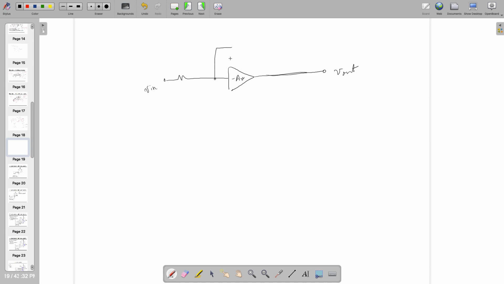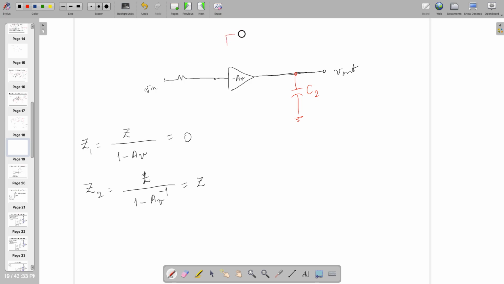If there is a capacitor, we already decomposed that in two parts, but if AV is equal to infinity, we know that Z1 is equal to Z by 1 minus AV, and Z2 is equal to Z divided by 1 minus AV inverse. So in the case of infinity this becomes 0, and in the case of infinity this becomes Z. So in that case you are going to have only a single capacitor over here whose value is, let's call it C2 to be consistent, and this side there is no capacitor.